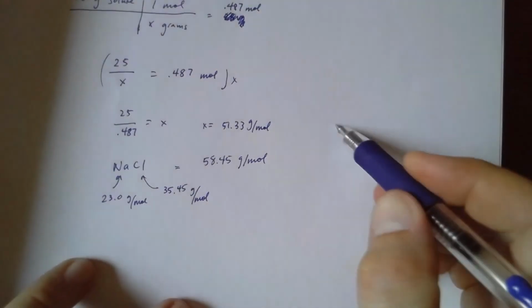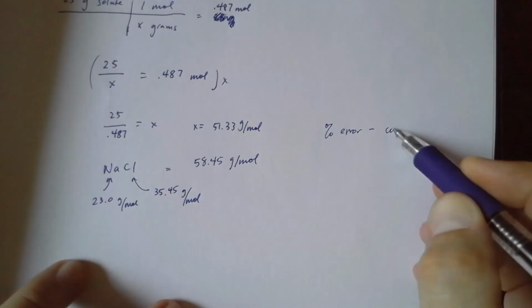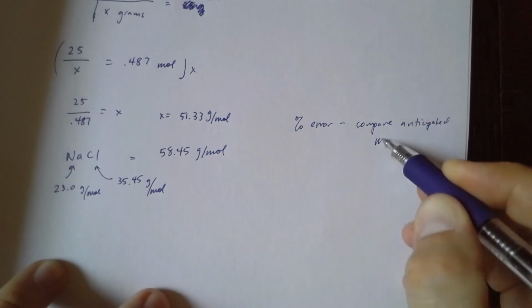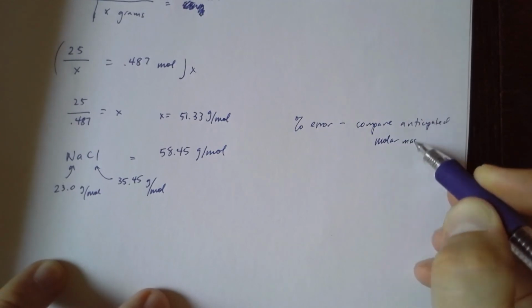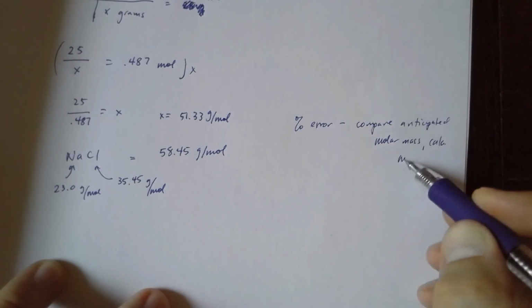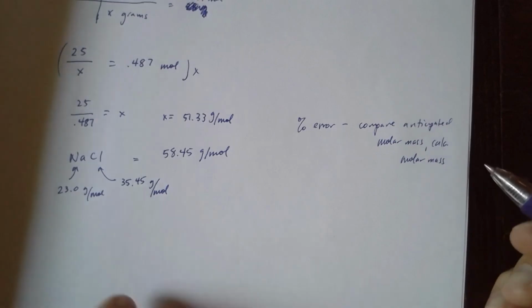All right, so now we can go about our percent error calculation two ways. We can compare anticipated molar mass to calculated molar mass, and I'll show you how to do that in just a second.